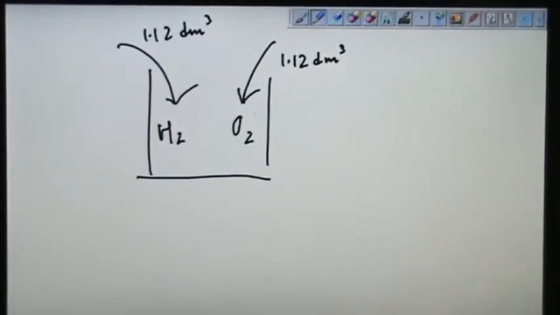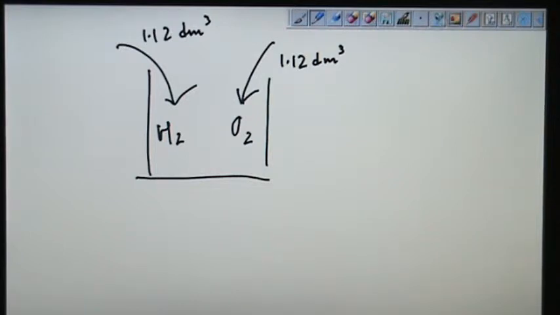Now I need to know the number of mole of hydrogen gas. Let's use a different color, shall we? We use blue to talk about hydrogen gas. What's the number of mole of hydrogen gas? Is it volume over 22.4?